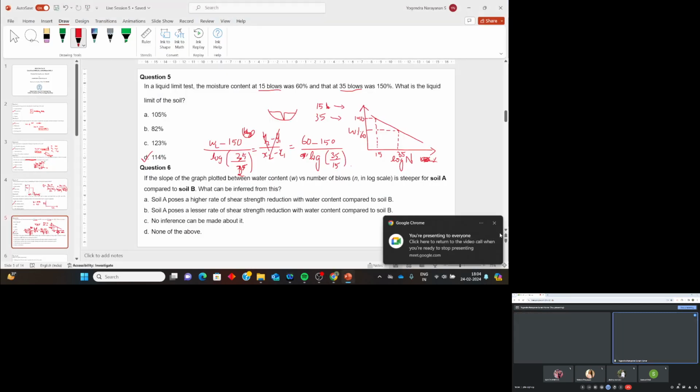Okay, let me explain it once. Earlier we have seen this liquid limit curve, that is the plot.